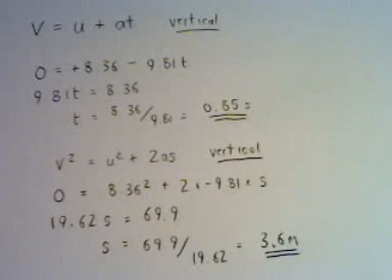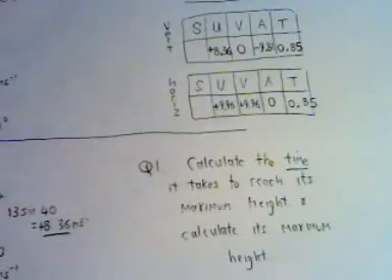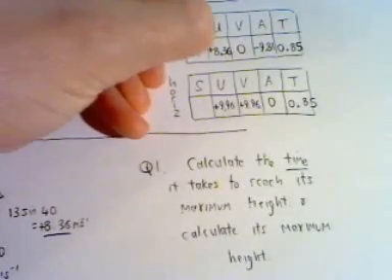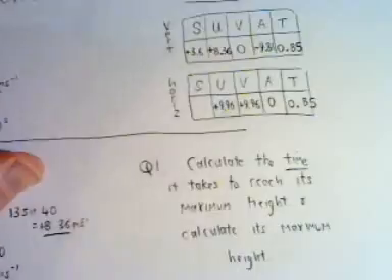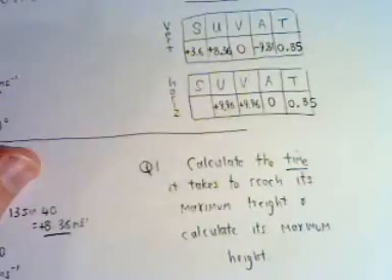And if we return to our grid, we have 3.6 meters is our maximum height.